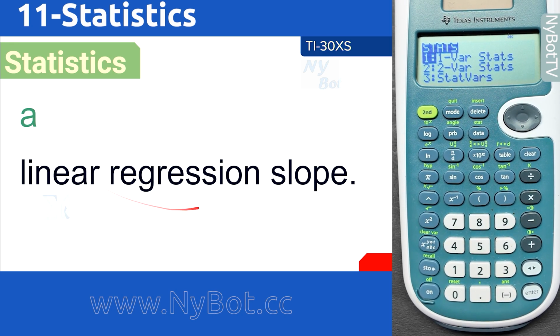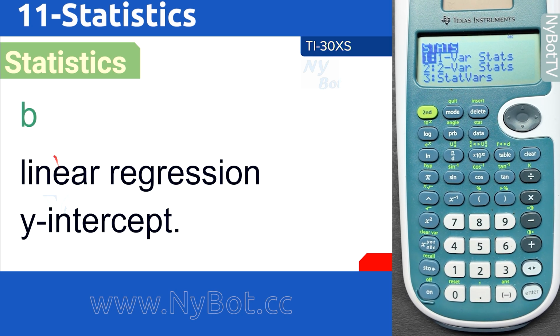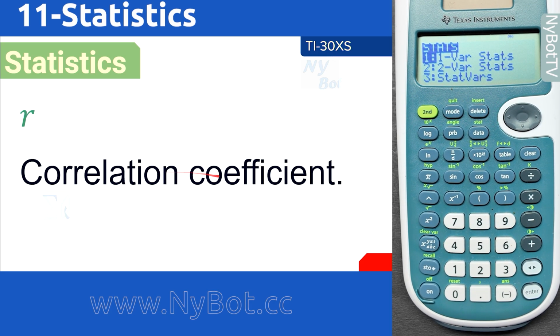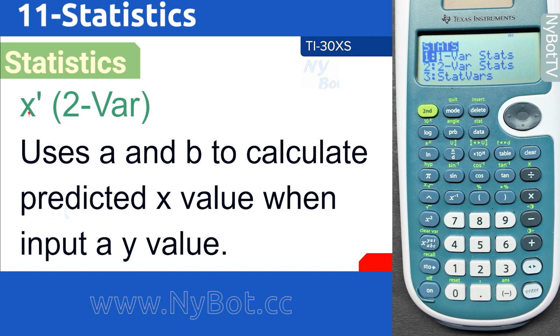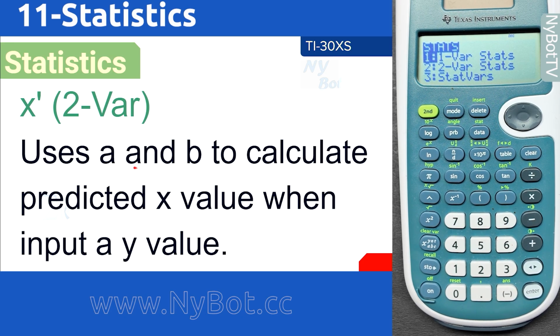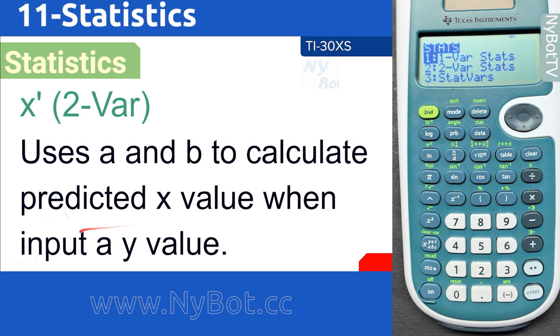A is a linear regression slope, B is linear regression y-intercept, R is correlation coefficient, and x bar, or sometimes x hat, for two variables uses A and B to calculate predicted x value when inputting a y value.